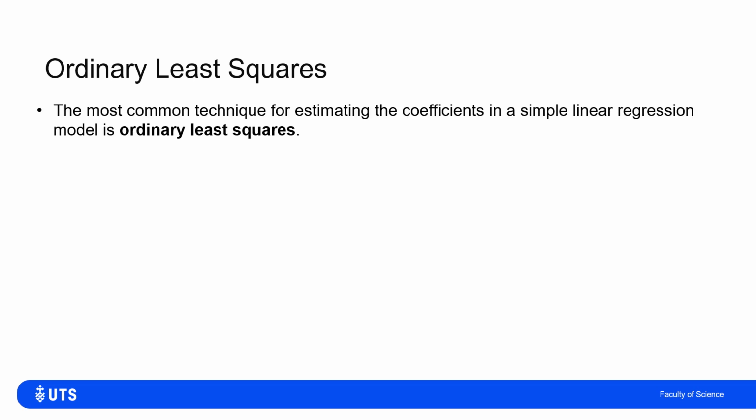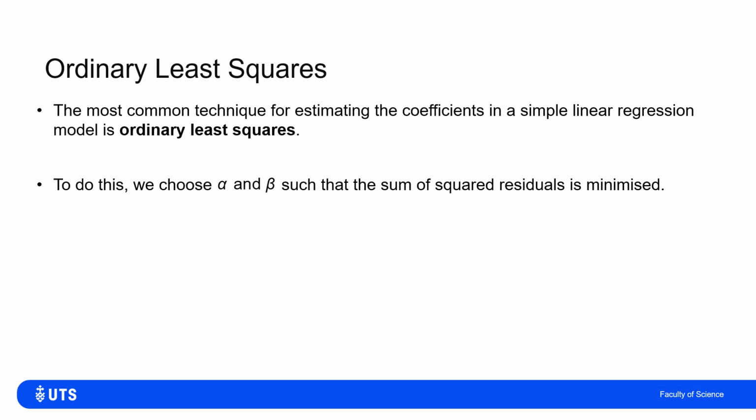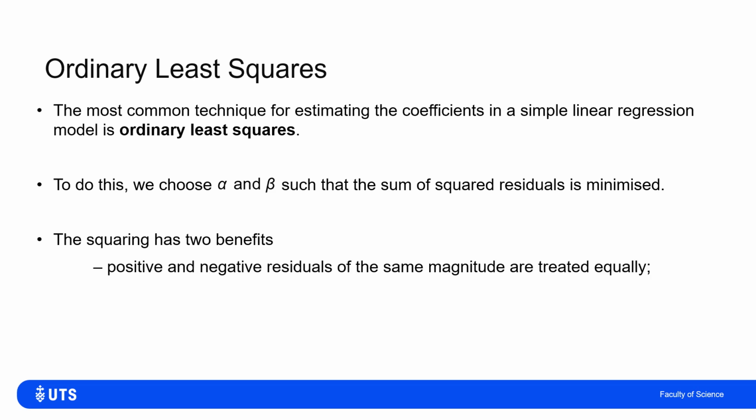The most common way to fit a model to estimate the coefficients is what we call ordinary least squares. So this is choosing our estimates of the intercept alpha and the slope beta such that we minimize the sum of squared residuals, hence the least squares. Now there are two advantages to squaring the residuals.